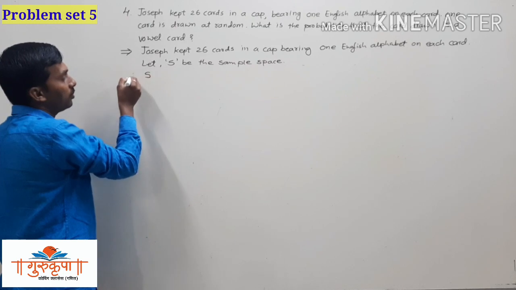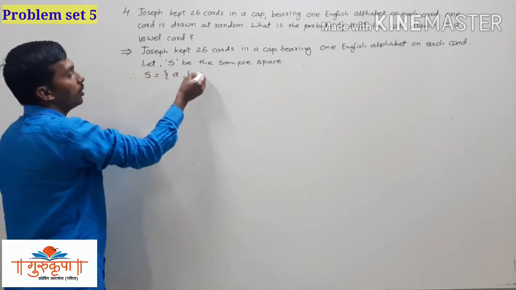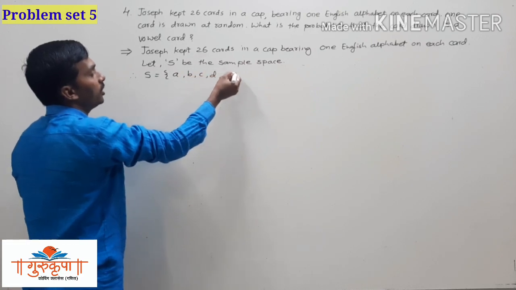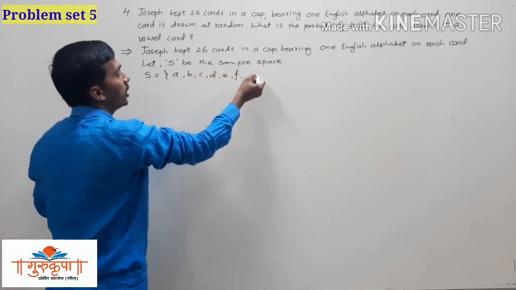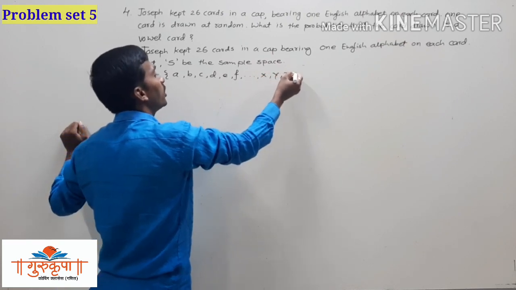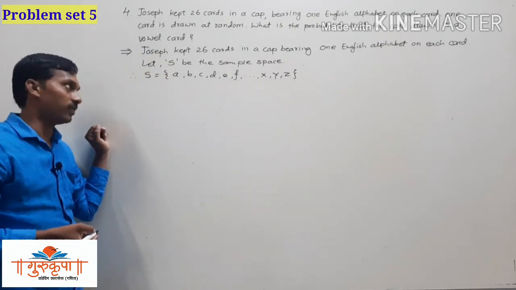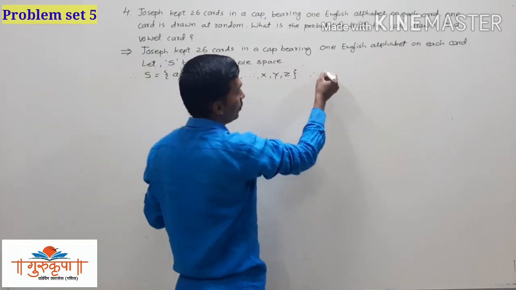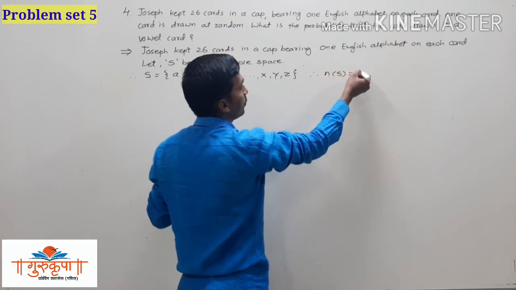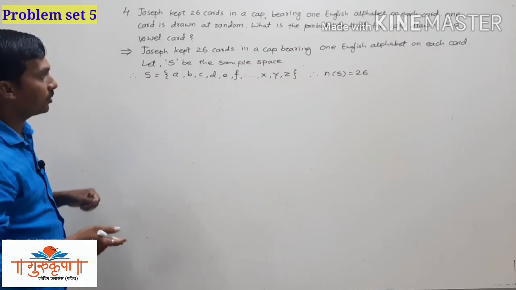Here we will write the sample space in set form, that is S is equal to {A, B, C, D, E, F, ... up to X, Y and Z}. No need to write all the 26 alphabets. So number of S is equal to 26. There are 26 sample points in the sample space.